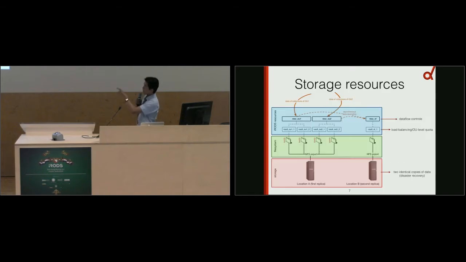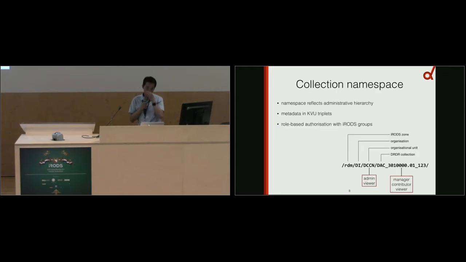Together with the namespace I'm going to talk about, you can control the data flow this way. Depending on the namespace of the data objects going into the iRODS system, you can assign them to different data locations. This is the namespace we have in our system.